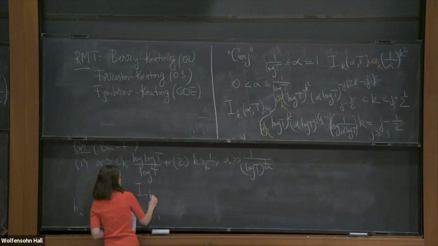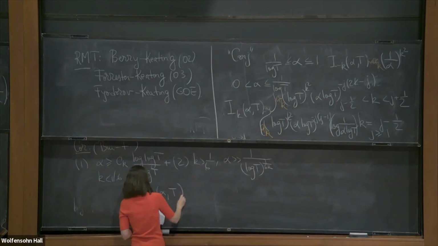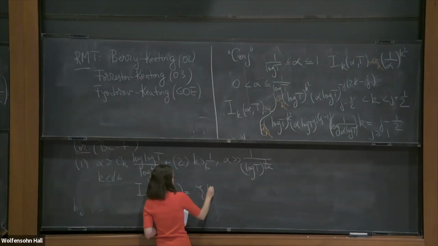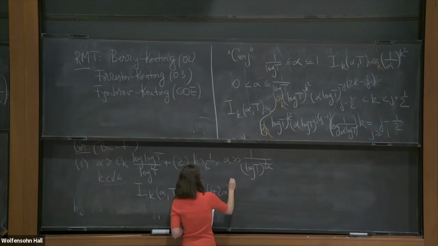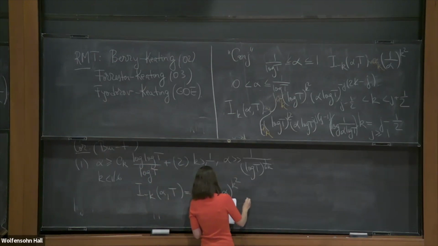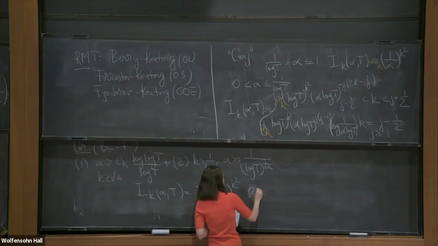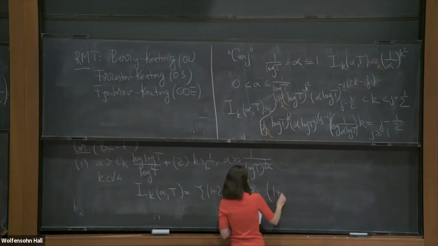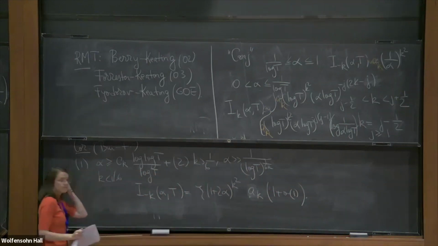So the negative 2k moment is zeta of 1 plus 2 alpha to the k squared times this arithmetic factor a_k that I wrote down before. And we have an error term little o of 1.